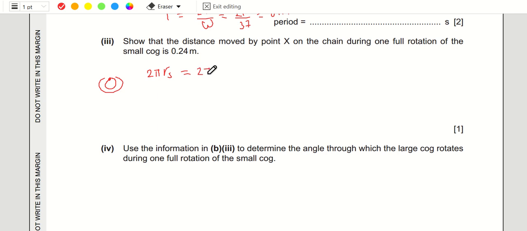So it is 2 pi times 0.038, which gives 0.24 meters certainly.